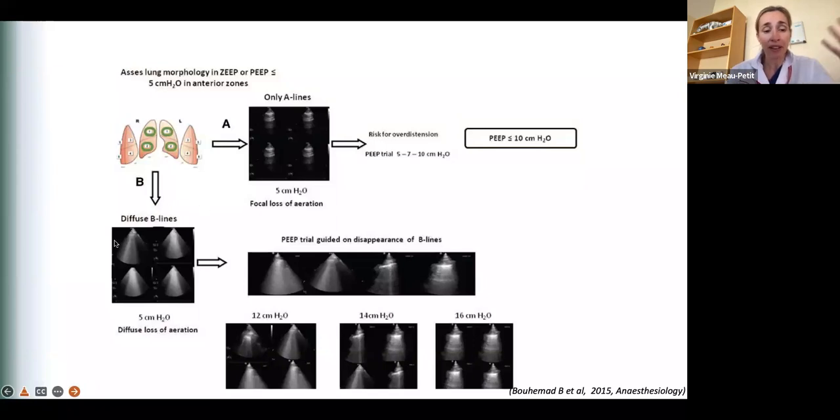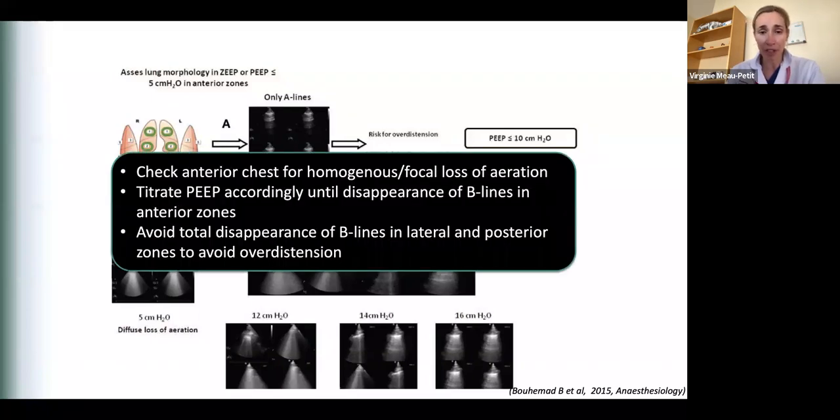Whereas if in the anterior areas you have a diffuse B-line profile, you know that when you increase your PEEP, you have room to open up these anterior areas with a decreased risk of overdistension, and you can probably increase your level of PEEP much higher. Of course, in neonates, we don't go to this level of PEEP, but it's just to see the dynamic and how we approach the PEEP recruitment depending on the underlying lung pathology.